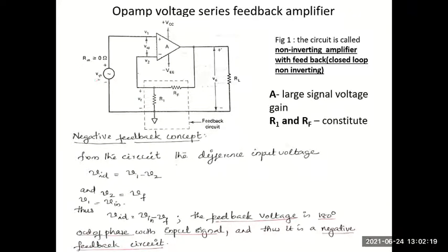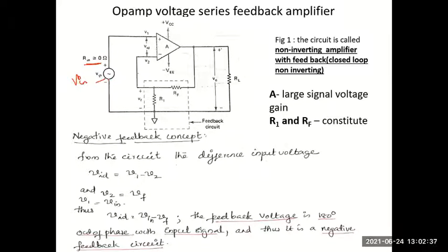Here, the input signal is V in and we have considered the source resistance to be approximately 0. I have not considered any source resistance for the signal source which I am going to connect.